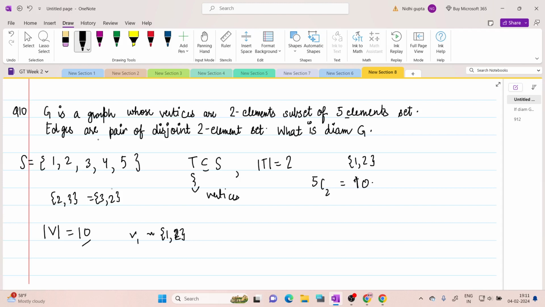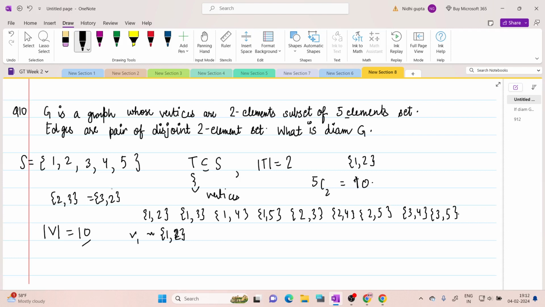We have that edges are pairs of disjoint 2-element sets. So the vertices are basically 1 2, 1 3, 1 4, 1 5, 2 3, 2 4, 2 5, 3 4, 3 5, and 4 5.